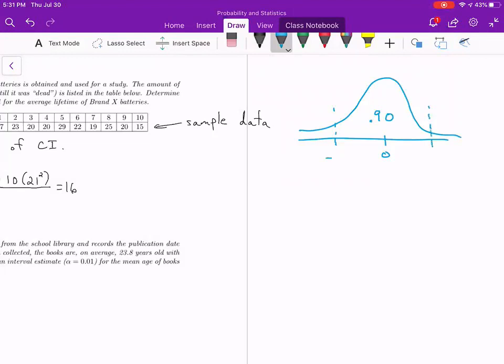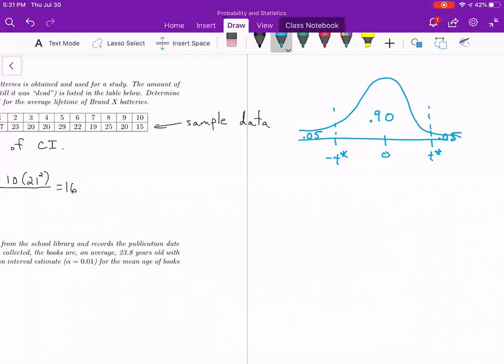And I need to figure out what is the T star value such that the area between plus and minus that T star is 0.9. If there's 90% in the middle, there's 10% or 0.1 not in the middle. And by symmetry, that 0.1 is cut in half, and there's 0.05 on the left and 0.05 on the right. Now, even though my picture isn't perfect, it would be perfectly symmetric, and so those two areas would look the same. So hopefully your image is a little better than mine.